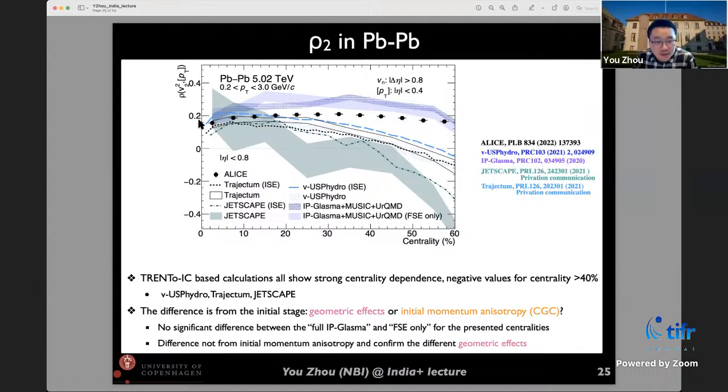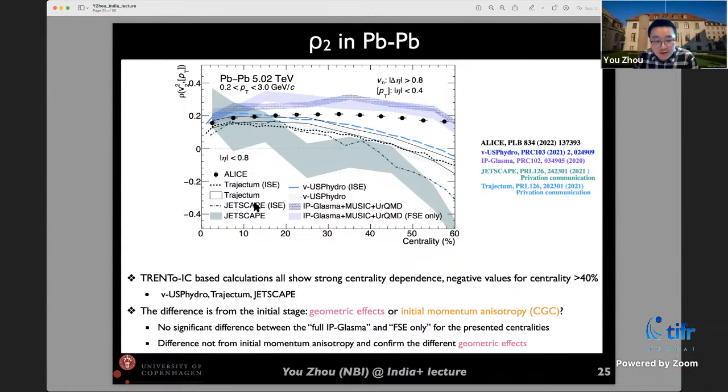So what I show you here is the v2 mean pT correlation as a function of centrality. The ALICE measurements are represented by these black points. And you can see there is a very weak centrality dependence. This weak centrality dependence is correctly described by the IP-Glasma plus MUSIC plus UrQMD calculation.